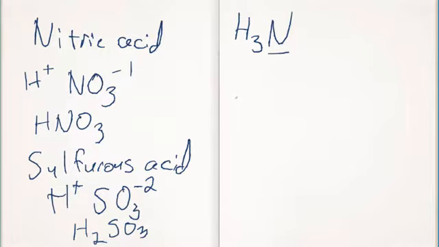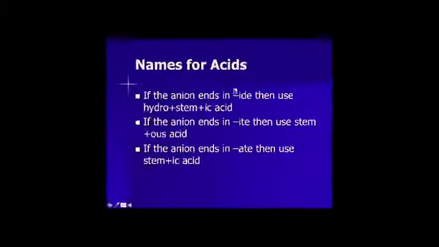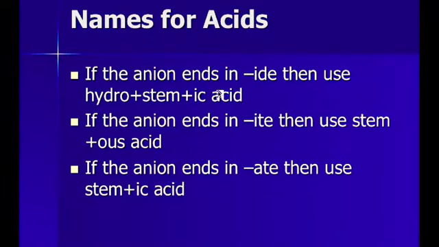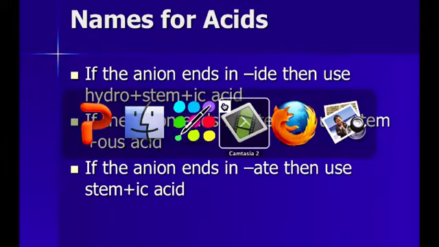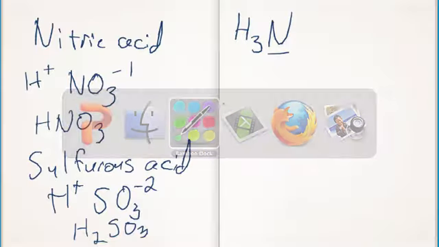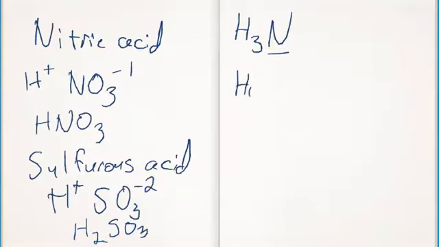Let's go back and look. If it ends in "ide," then use hydro plus the stem of the word plus ic. We have nitride, so the name of our acid is going to be hydronitric acid. Cool.